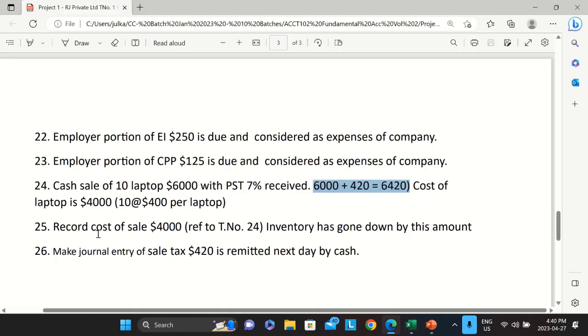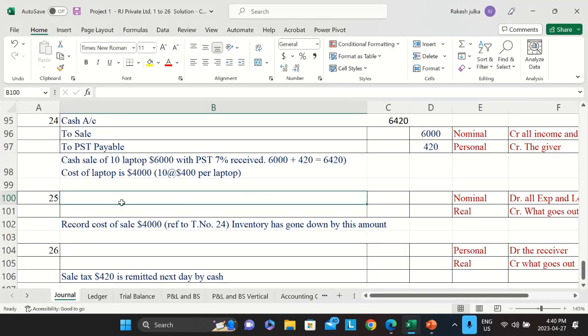Next one is the 25th transaction. Record cost of sale. So what is the cost of sale here? $4,000 is the cost. And the transaction related to the 24. Inventory has gone down by this. So we are going to record it. So 4,000 is the cost of goods sold, right? And the inventory has gone down. So in this case, what we're going to write on 25th, I'm going to write here the cost of goods sold.